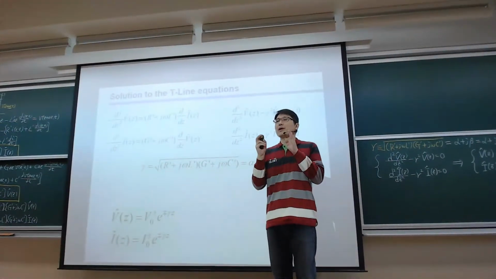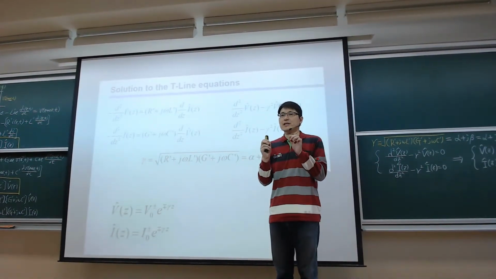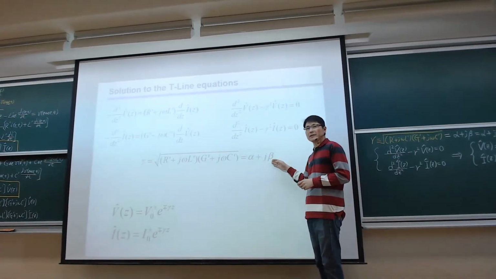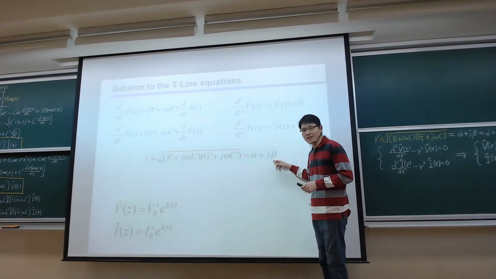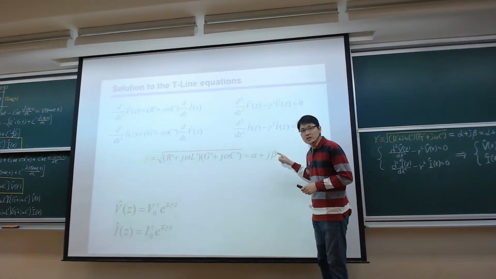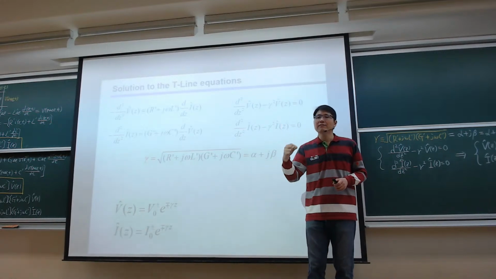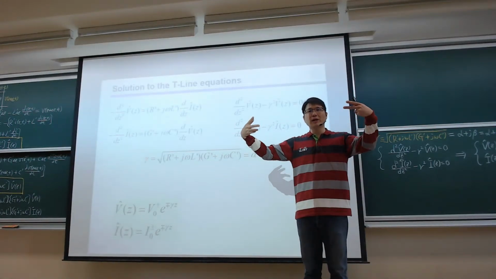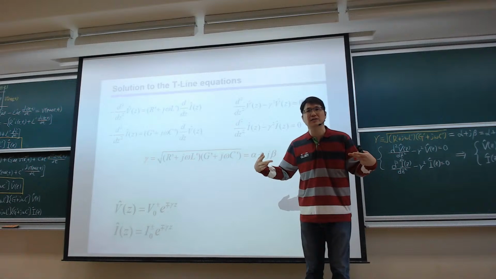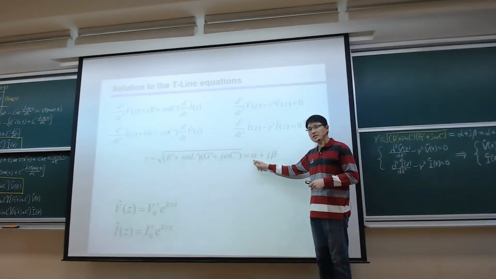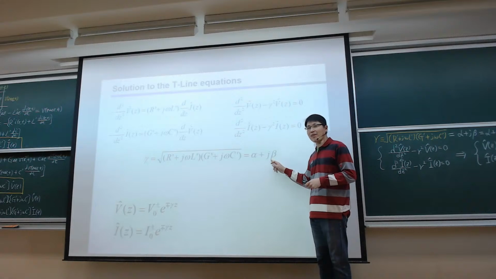Now, if you really want to ask yourselves the physical meanings of gamma, it covers loss and the effective wavelength, where beta is 2 pi divided by lambda. So this tells you, even though you have the same operational frequency, if you're working on 2 different transmission lines, the attenuation coefficient and the effective wavelength will be very different.